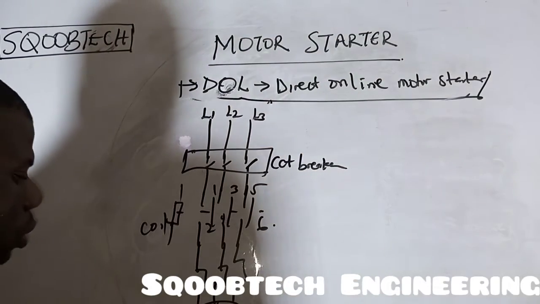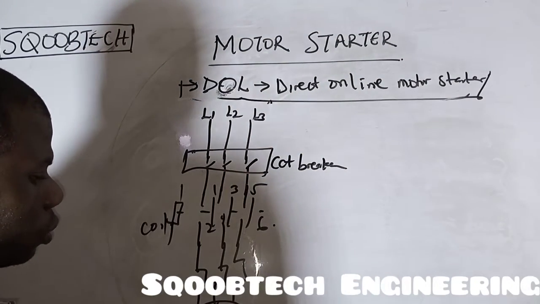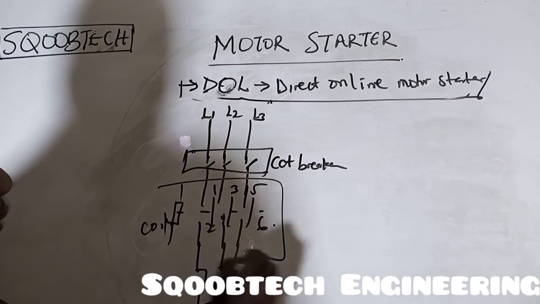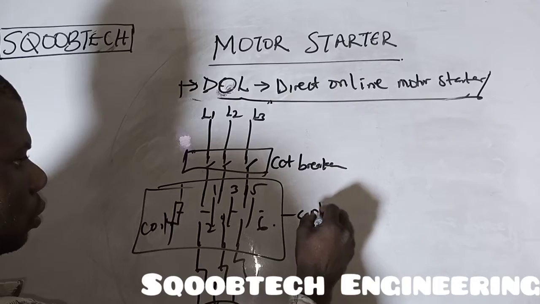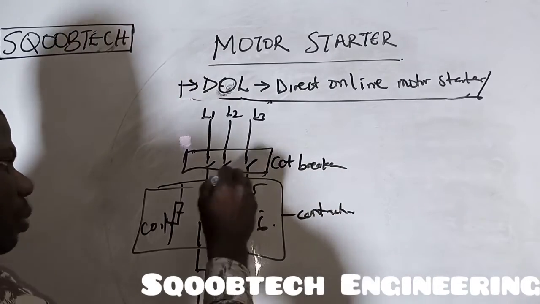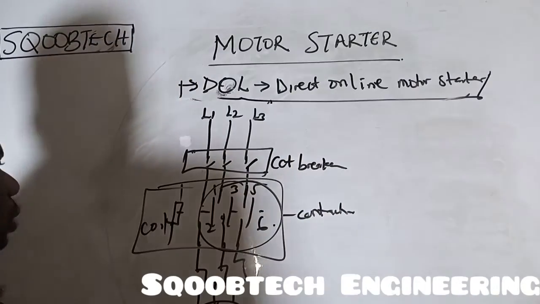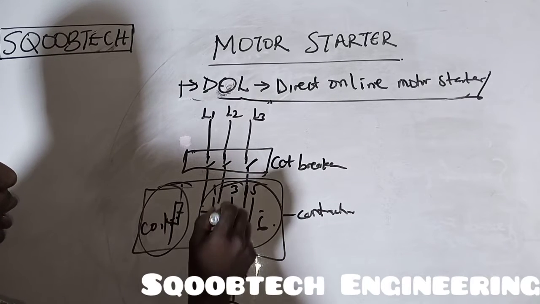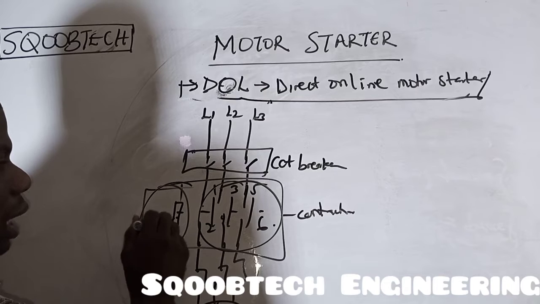I call this the power circuit. This is your contactor, but this is the power contact of the contactor. Now, when you control this coil, the contactor makes or breaks.